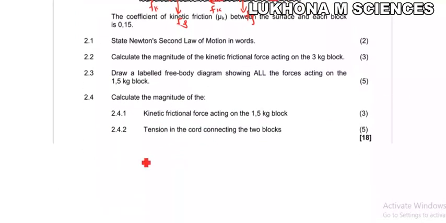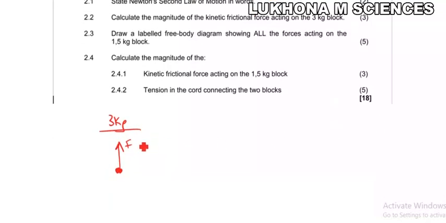So we have the free body diagram for the 3 kg object. We have the normal force there, the weight, that is Fg, then the tension, then the friction, that is Fk.